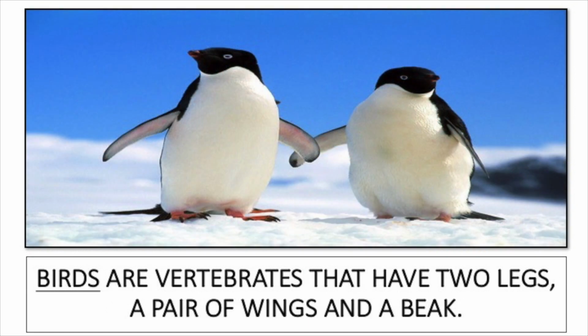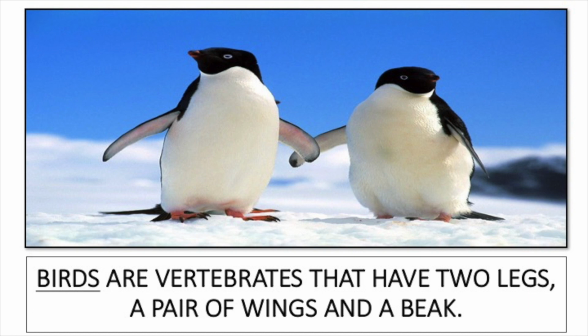Then, birds. What type of birds can we see here? Penguin, yes. And penguins are birds that live in very cold places, like the North or South Pole. Birds are vertebrates that have 2 legs, a pair of wings, and a beak.